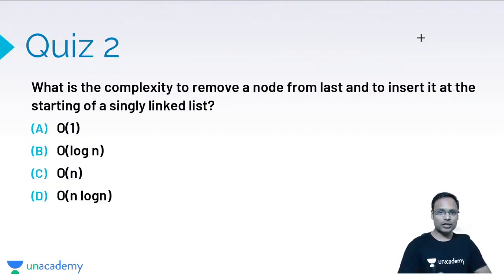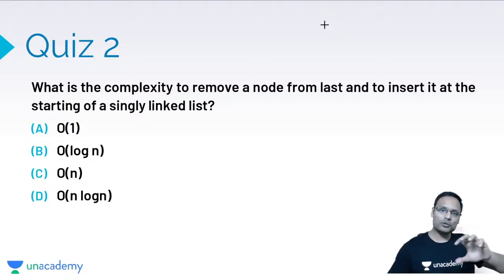Okay, another question. Question number 2 for the day. Tell me quickly. What is the complexity to remove a node from the last and to insert it at the starting of a singly linked list?